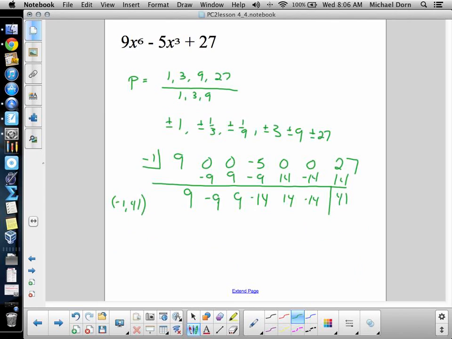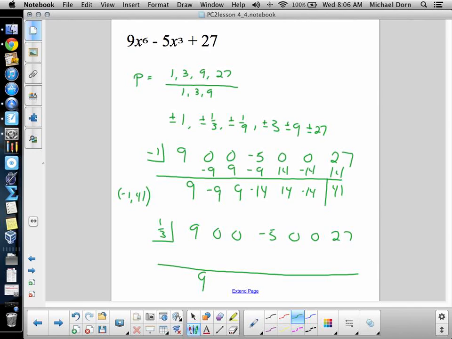Well, gosh, negative 1 didn't work. How about, and this is kind of what the process looks like, how about 1/3? So 9, 0, 0, negative 5, 0, 0, 27. 9. Well, 1/3 of 9 is 3. 3. 1/3 of 3 is 1. 1/3 of 1 is 1/3.